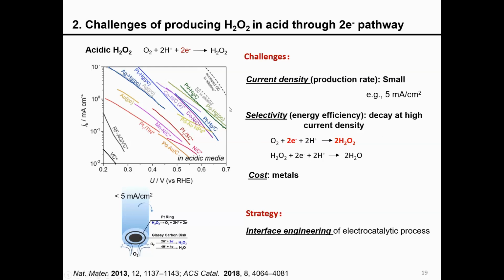Also, the selectivity is limited, because oxygen can first go to hydrogen peroxide, and then hydrogen peroxide can combine with 2 electrons and go to water, which means the hydrogen peroxide selectivity decreases, and water is not our product. The other challenge is that the cost is high.